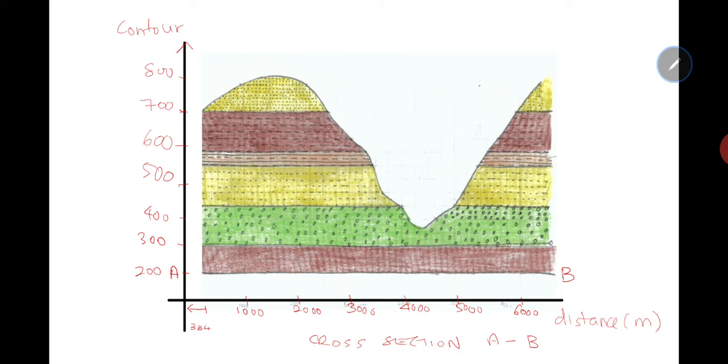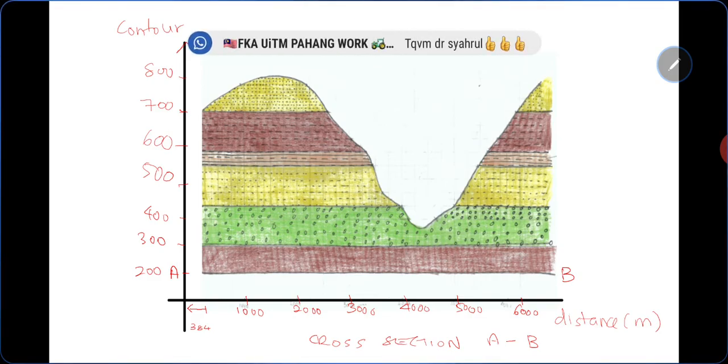Okay, this is just a guidance, so you can use your own scale to scale that contour, and then to scale your distance or horizontal distance. It is better for all of you to have graph paper, because all the grid is there. You can use the grid as the guidance for your axis Y and axis X.